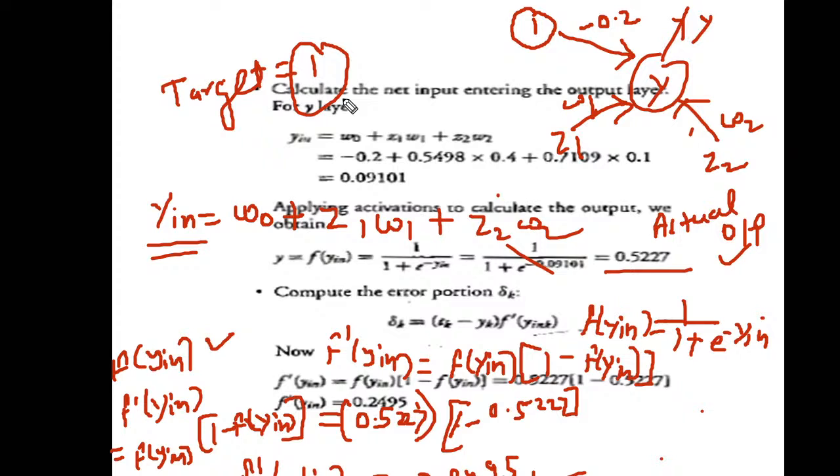We have also calculated the derivative of that one, because we will require it in the formula. Now the target is 1 and the actual output we got is different, so there is a difference. So now we go for the second phase, that is the calculation of error.